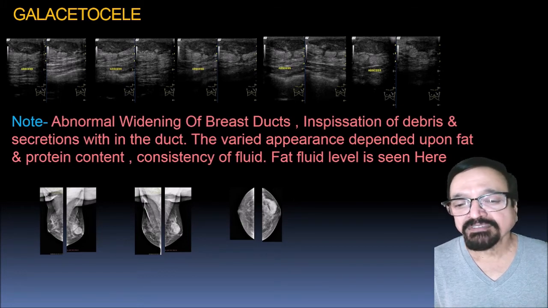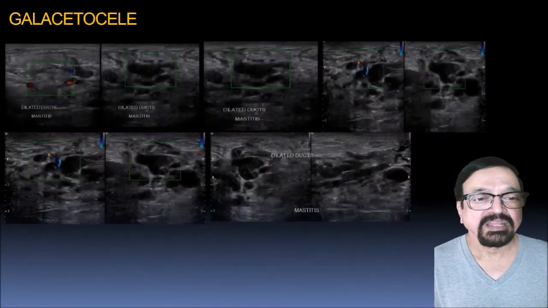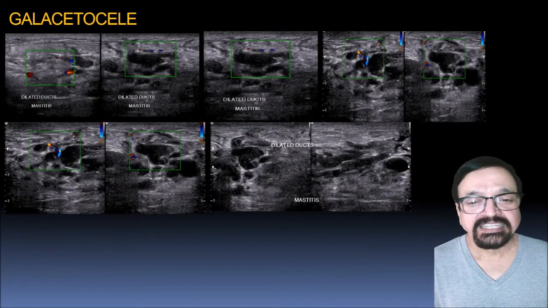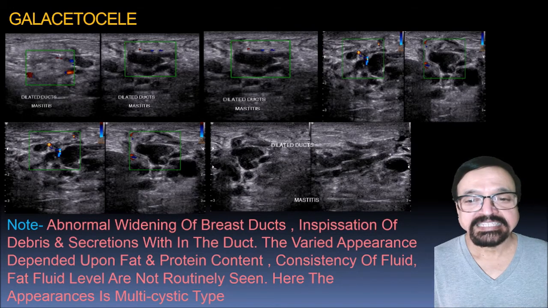Consistency of fluid, and a fat fluid level is also seen if you look carefully. A few more cases. Abnormal widening, inspissation of debris, secretions, then multicystic appearance. The main important thing here is the history.